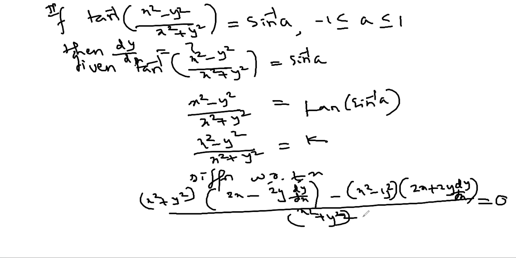The denominator is multiplied to 0, so what happens? It's 0 only. Only simplify the numerator, and we get the answer. Simplify it. Tell me.